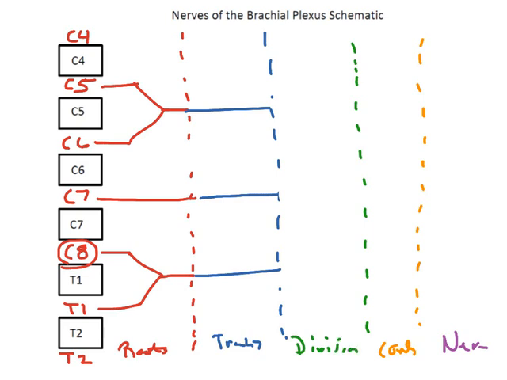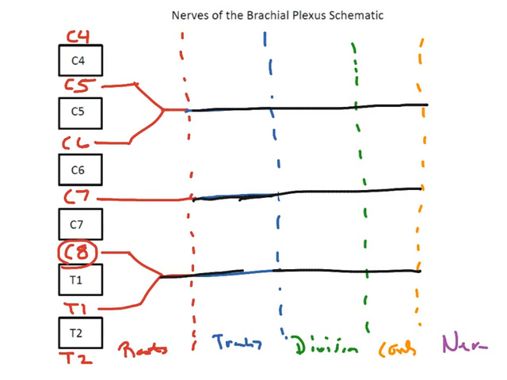Now just a few little weird things, and it doesn't really matter the color coding that occurs here, and I'm just going to draw all three out because it doesn't really matter what divisions, cords and peripheral nerves at this level. So I'm going to kind of cover all these guys up because it really does not matter what happens here. Now, just as a couple things, in case you guys ever take some higher order anatomies, there are some branching that occurs at this level.